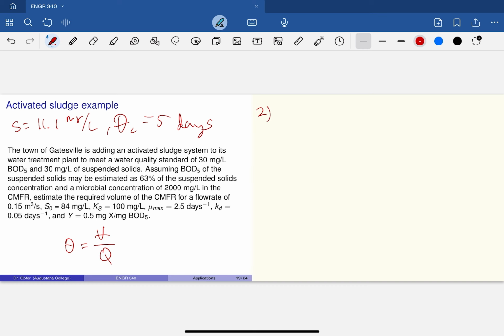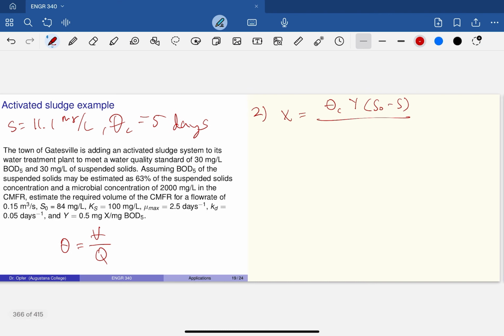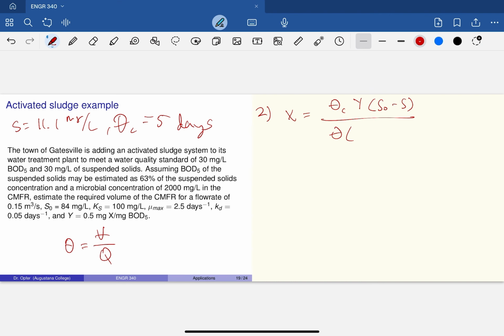All right, now we can go to our expression for the biomass. So X is equal to theta C times Y times S naught minus S all over theta times 1 plus Kd theta C. Okay, this one's much easier to rearrange.